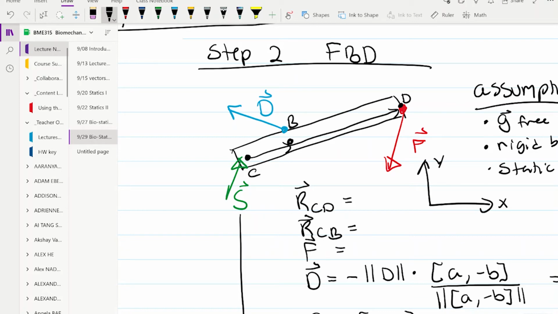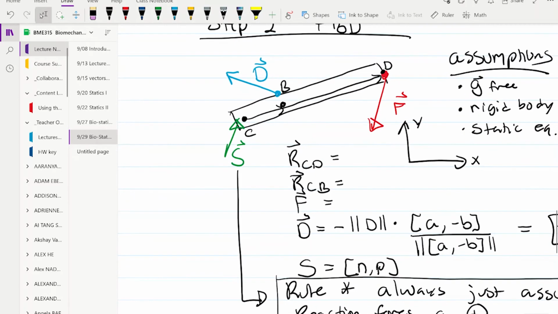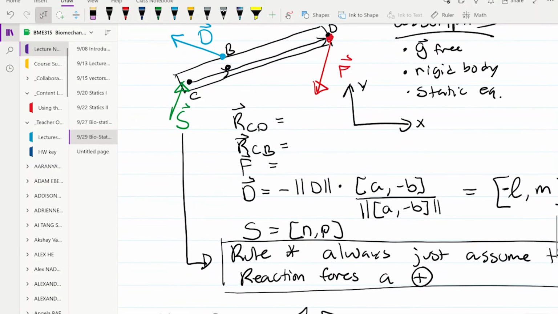If the force is on the line of action, that force contributes no moment at the location. Okay, so we obviously want to take a moment about C, right? Because nothing else makes sense. If we did about D, then we would get some relationship between S and D, and that would be no good because we want all of our relationships to have as many knowns as we can in them. So we're going to take our moment about C.